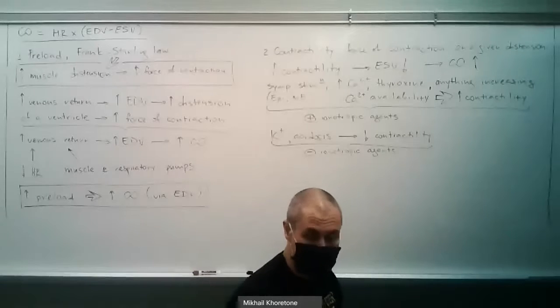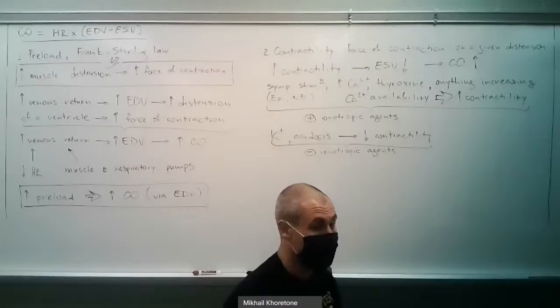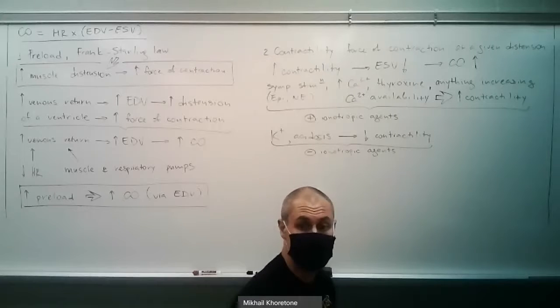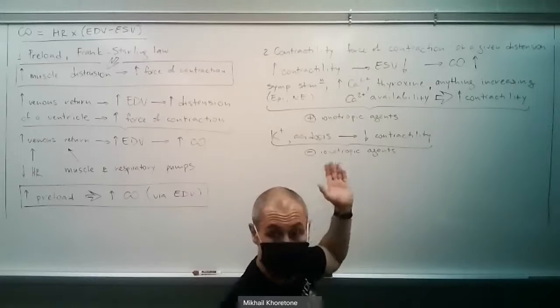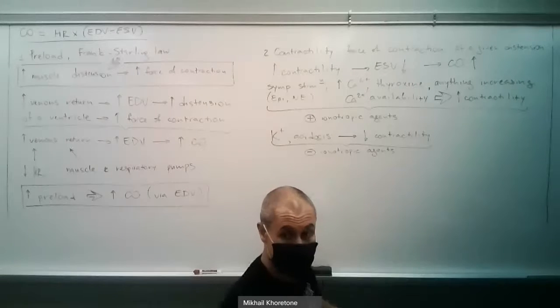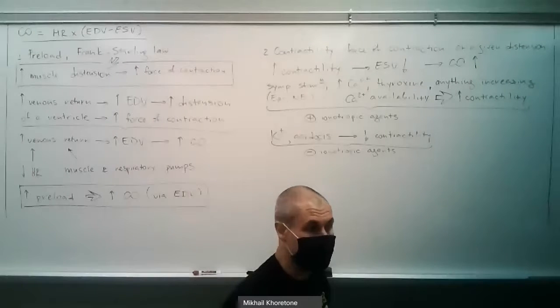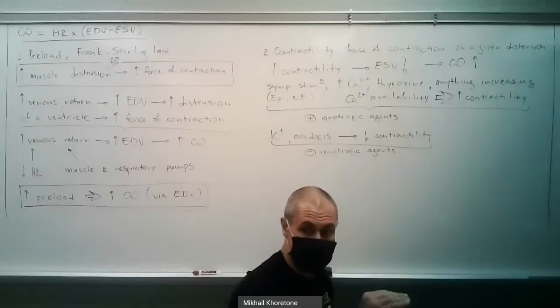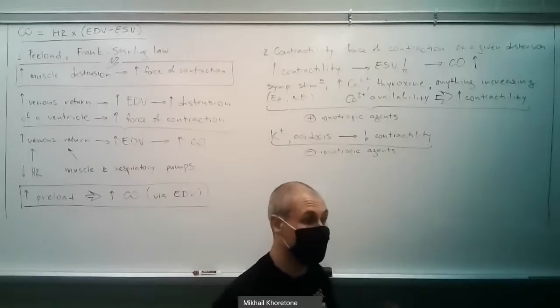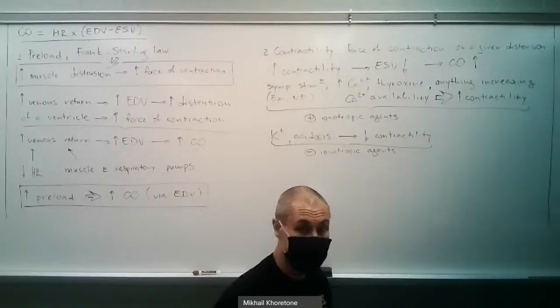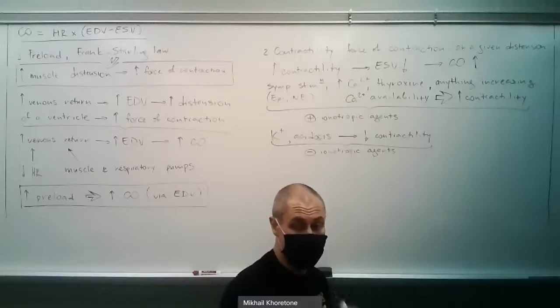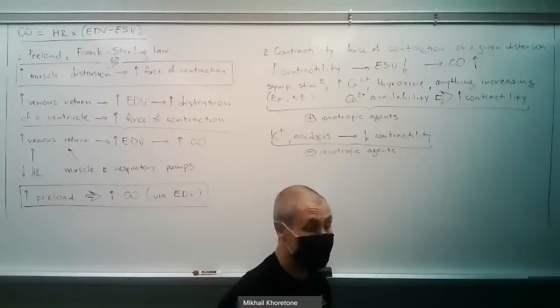I have a very simple question. Really, like 0 out of 10. Did I ever mention parasympathetic system? No, I did not. It's interesting that only the sympathetic system has an effect on contractility, and it increases it. Does that make sense? Parasympathetic has no effect on contractility. Are we clear?